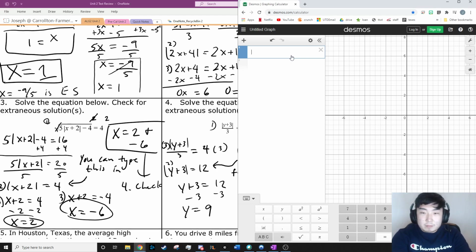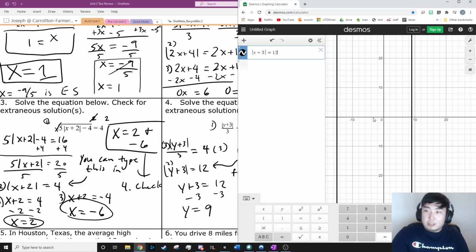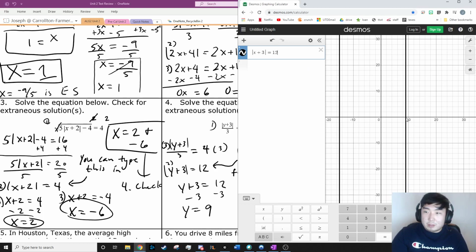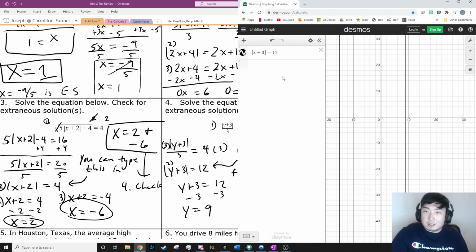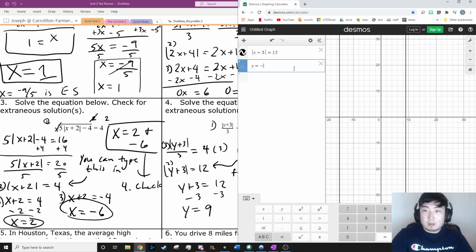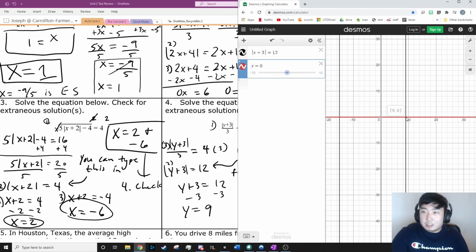So if I type this in, absolute value of, I'm going to just use x for fun because I like the variable x for Desmos, and I think Desmos likes it too. So if I scroll out, I'm going to use y equals 0 just so that I can highlight the intersections. So you see how this is 9, 0.